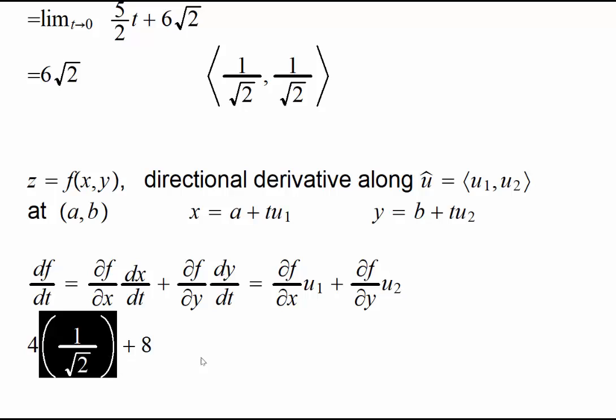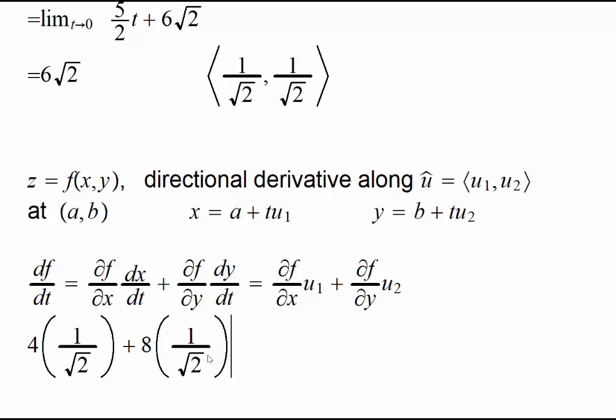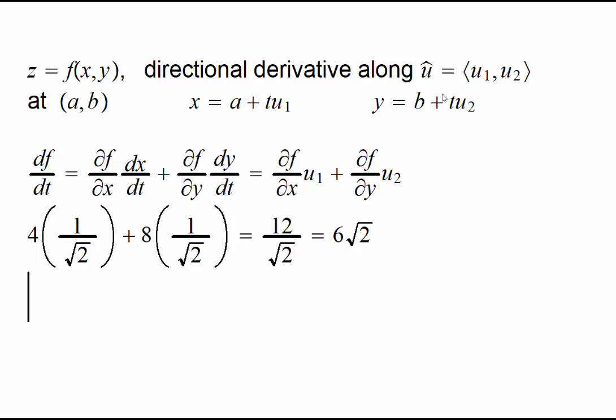So in other words, if I'm looking for the directional derivative along this vector u1, u2, and of course this is computed at a and this is computed at b because we are looking at the point (a, b), then that is simply this quantity.